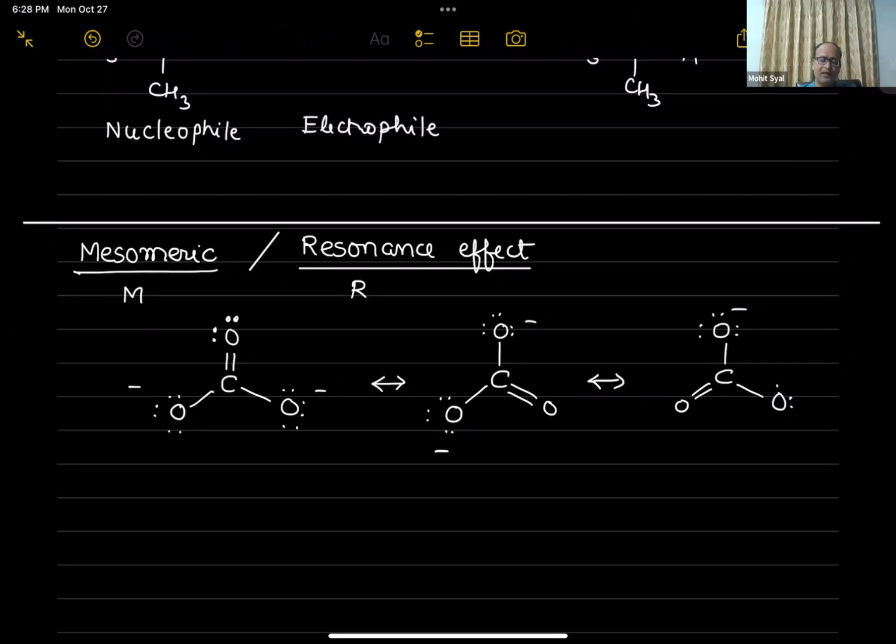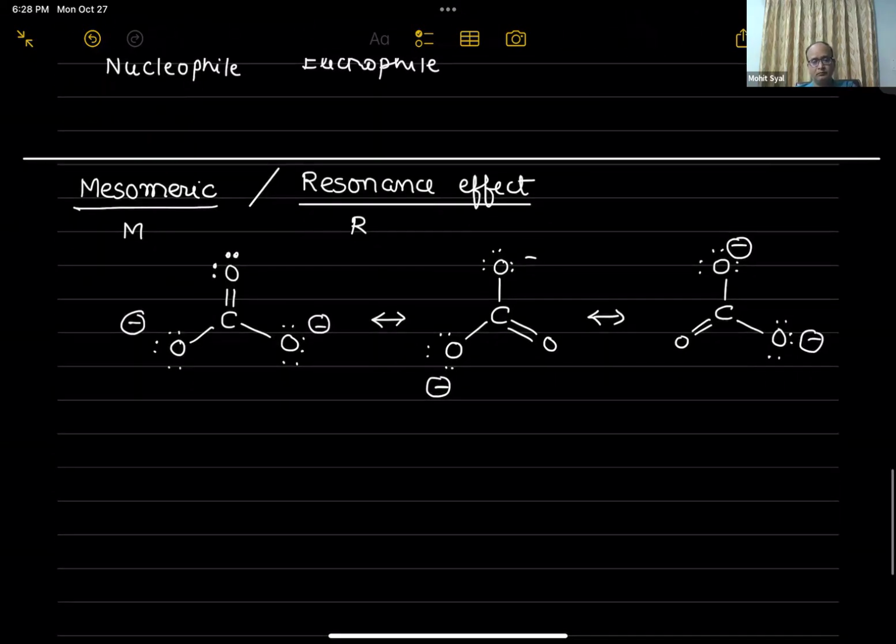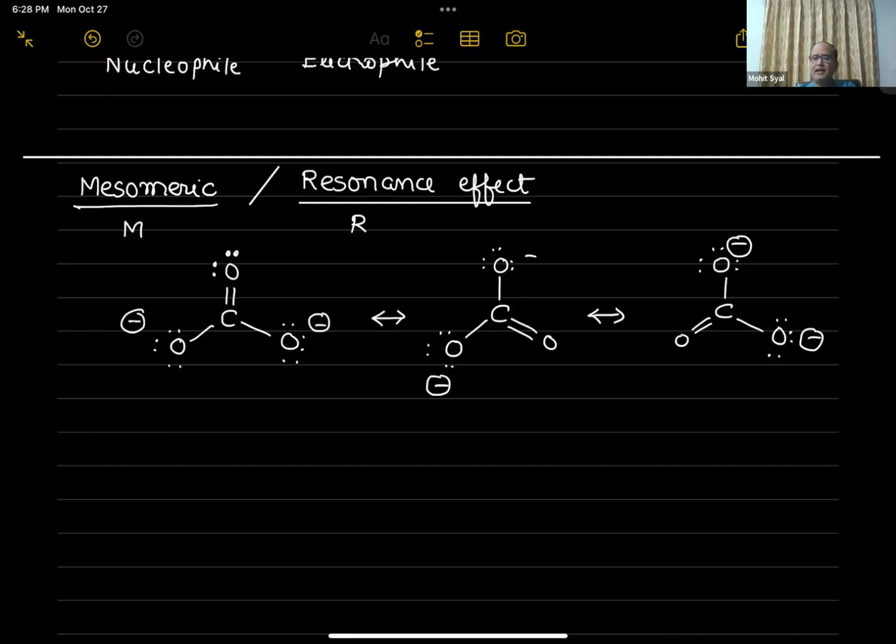Turn by turn, I can switch the position of the double bond. Got it? This is the minus.